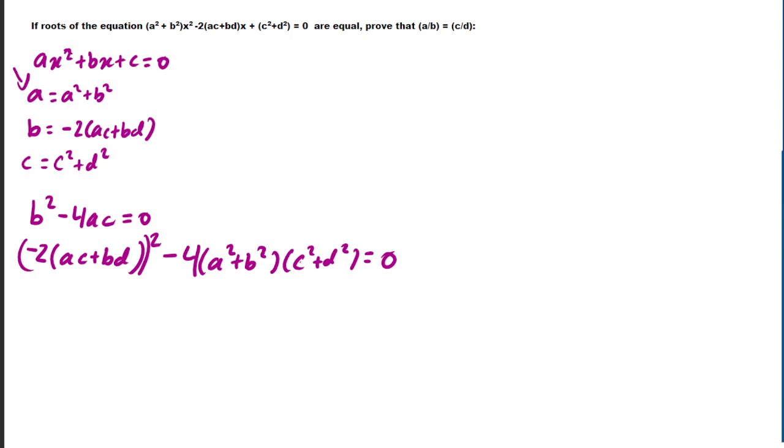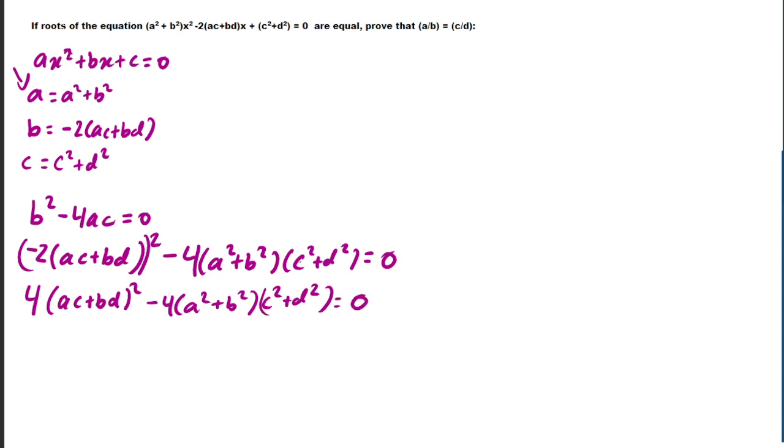Now what we can do is simplify this. Let's not expand the square on this part of the equation; let's just expand the negative 2 over here. So when we do that, we get 4(ac plus bd) whole squared minus 4(a squared plus b squared)(c squared plus d squared) equals 0.